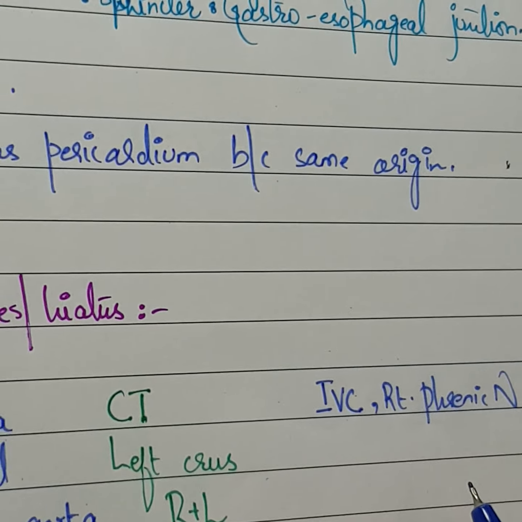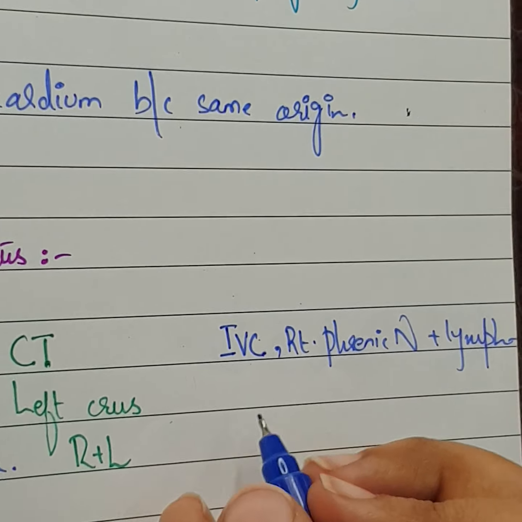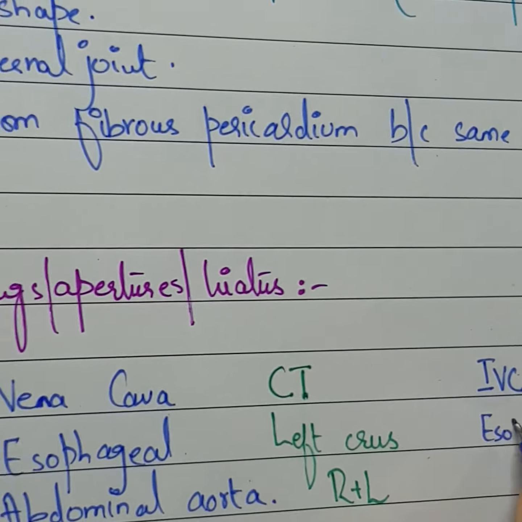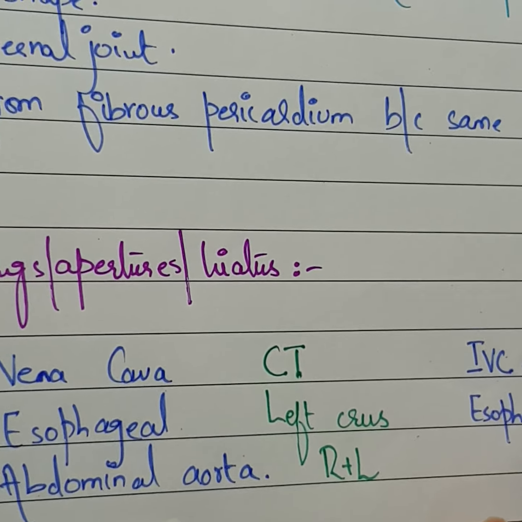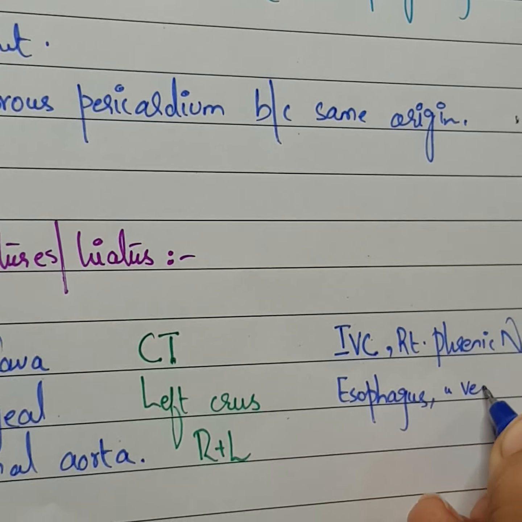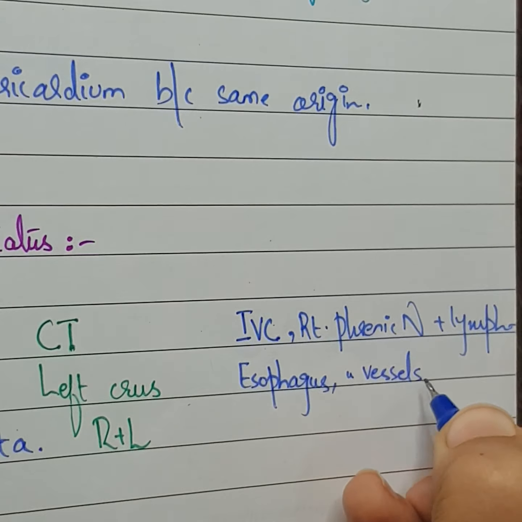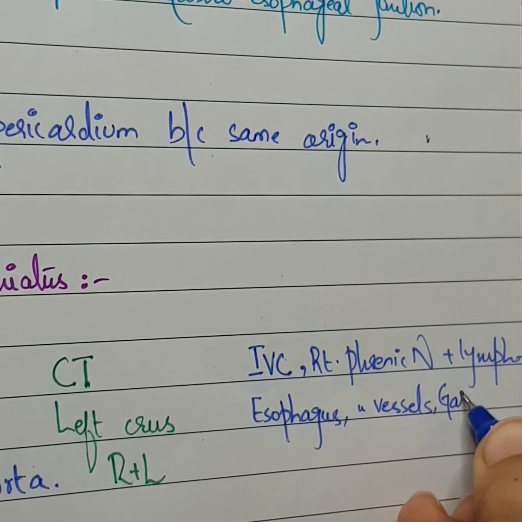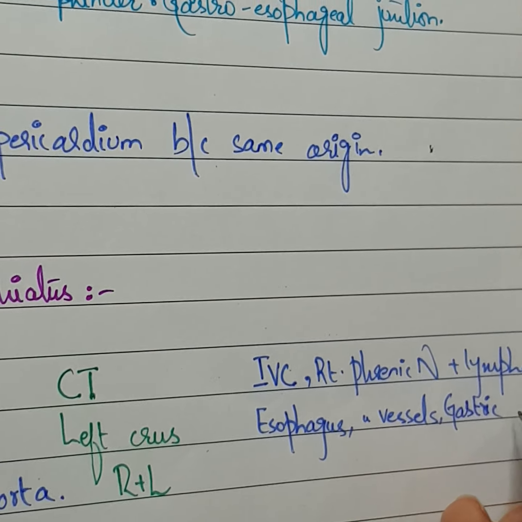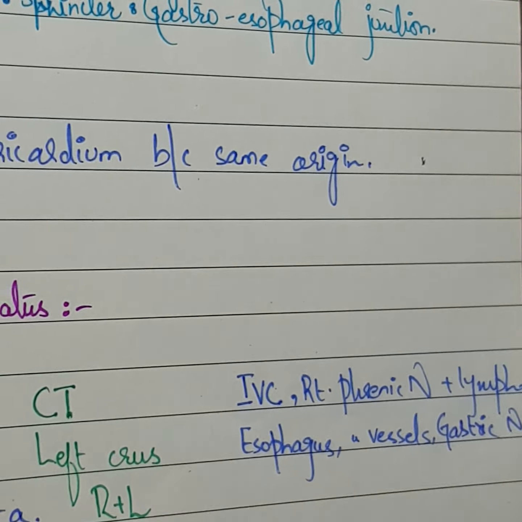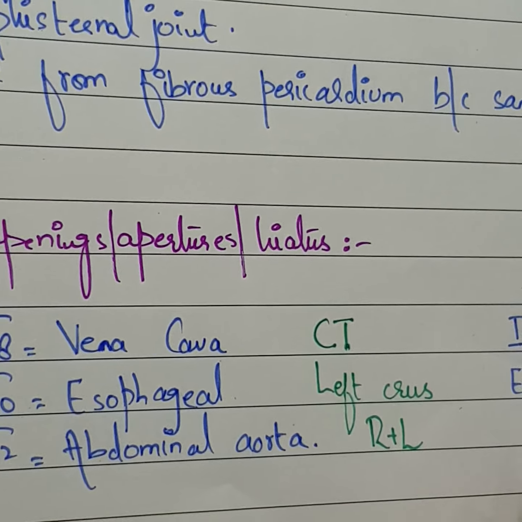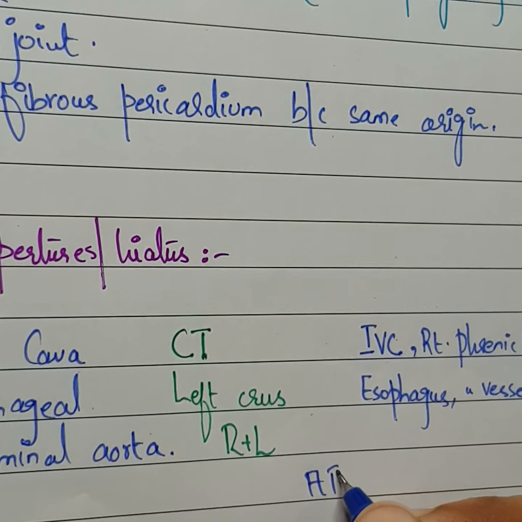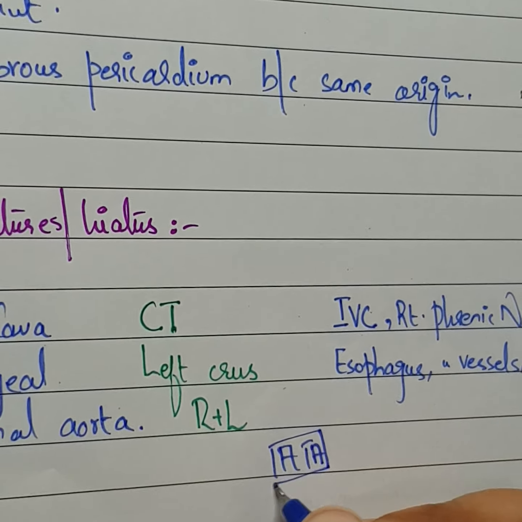Okay, in the esophageal hiatus we have, of course, the esophagus and the esophageal vessels plus the gastric nerve. What is the gastric nerve? Yes, it's the vagus nerve. In the aortic hiatus we have the things passing called, learn the mnemonic, ATA.